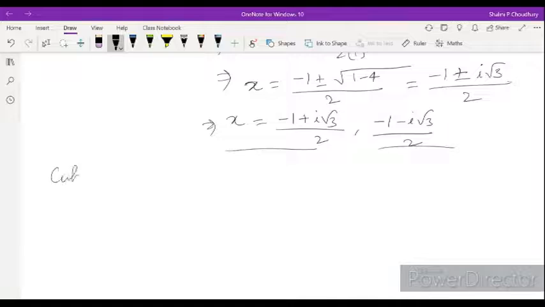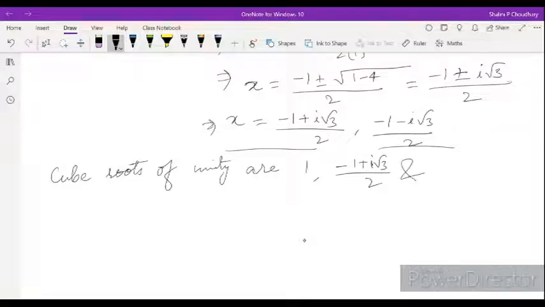So the cube roots of unity will be 1, minus 1 plus i root 3 upon 2, and minus 1 minus i root 3 upon 2.